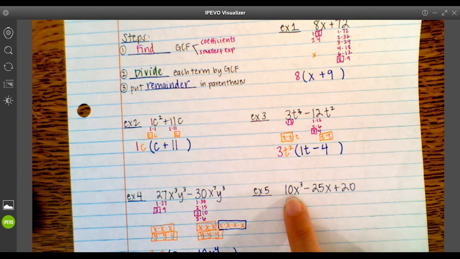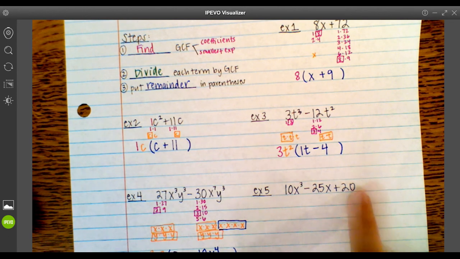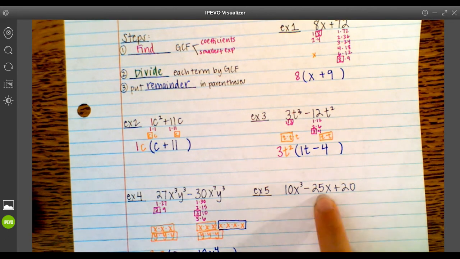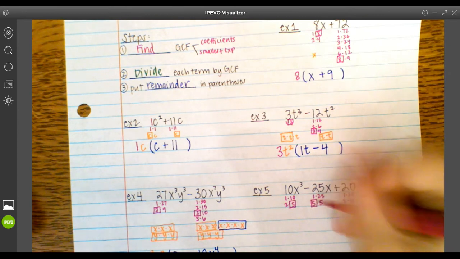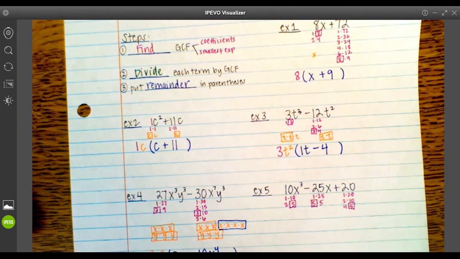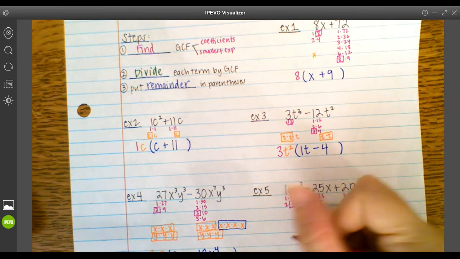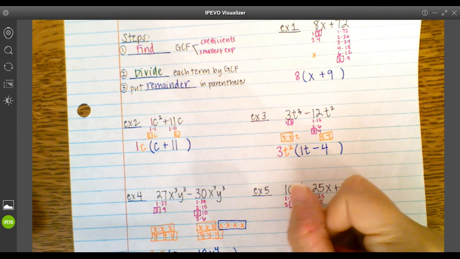We notice that this one doesn't have any x's in common since the last term does not have an x, but 10, 25, and 20 share a common factor. And that factor is 5. 5 is the largest common factor between all of our terms.